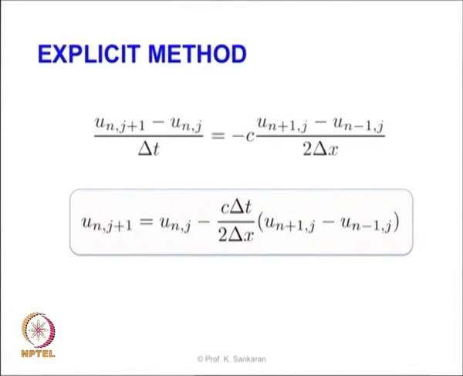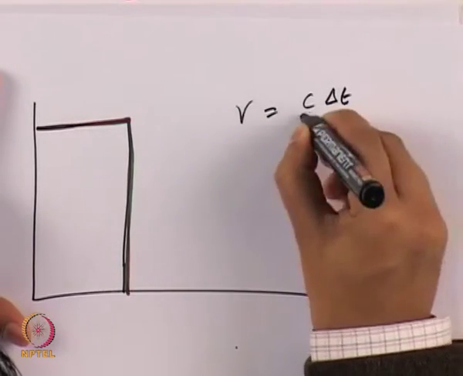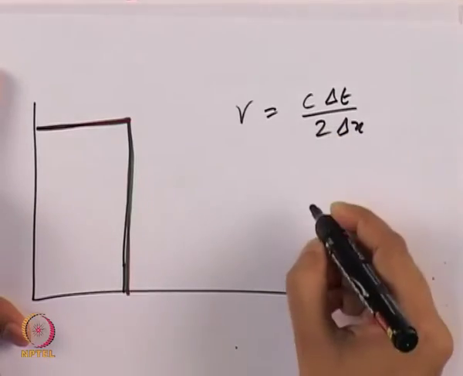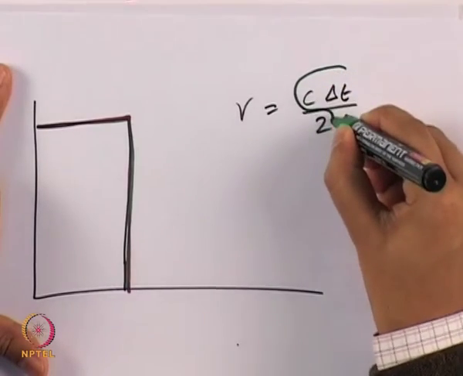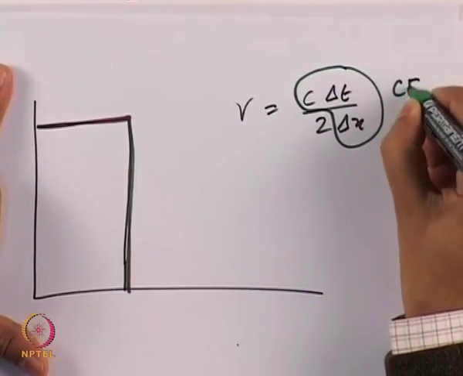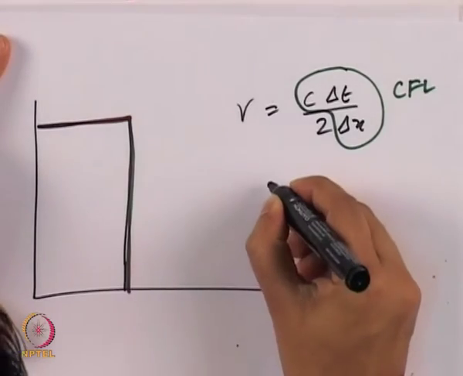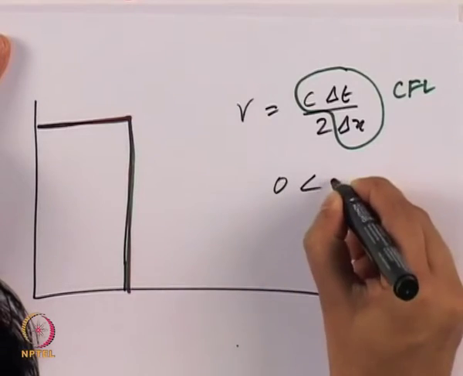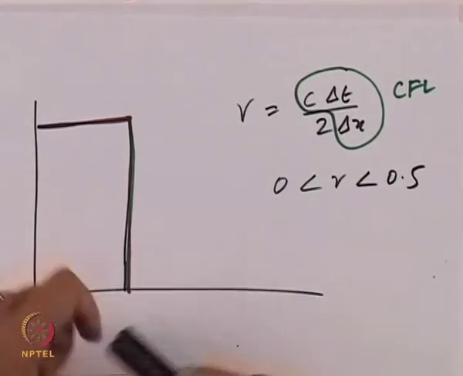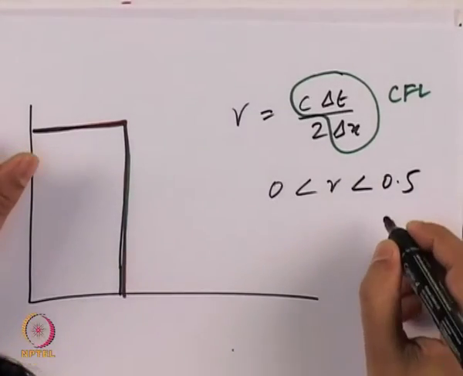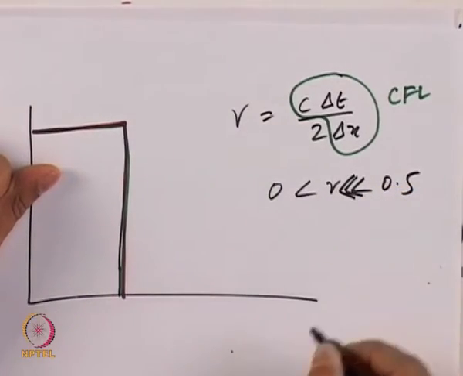In other words, R equal to C delta t by 2 delta x is half of the CFL requirement. Remember, this term is a CFL term, and since it's half of the CFL term, we have to be in the range below 0.5, and as and when we go closer and closer to 0.5, we run into instability issues. In fact, we have to be very low compared to 0.5.